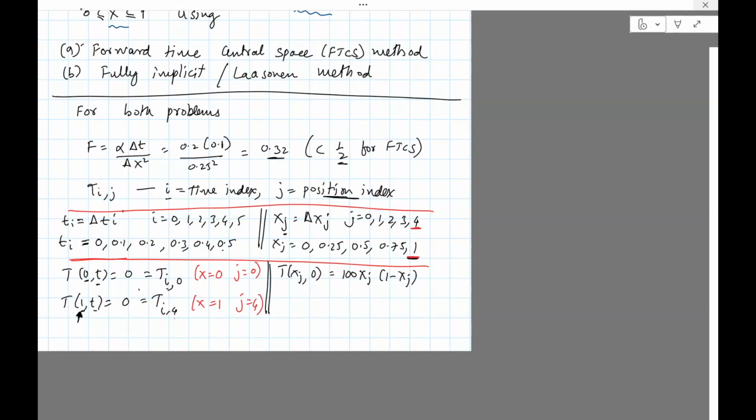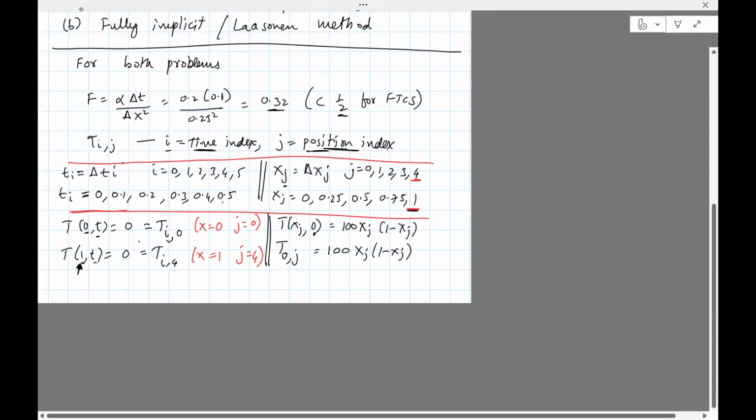I just wrote it down, just substitute x with x_j. I need to write this in terms of index i and j. The first index i is time, but the time here is 0, so I write 0. And then j would be the index for positions. That would be T(0, j) equals 100 x_j (1 minus x_j).